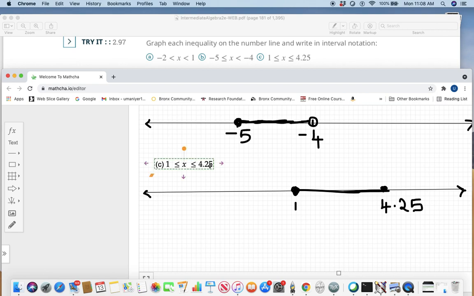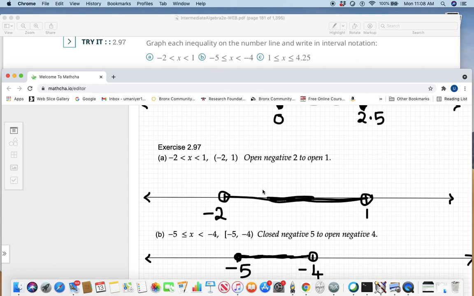So that gives us the interval. When it's a filled in point, it is bracket 1. This is also a filled in point, so bracket 4.25. You read it as closed 1 to closed 4.25. All right.